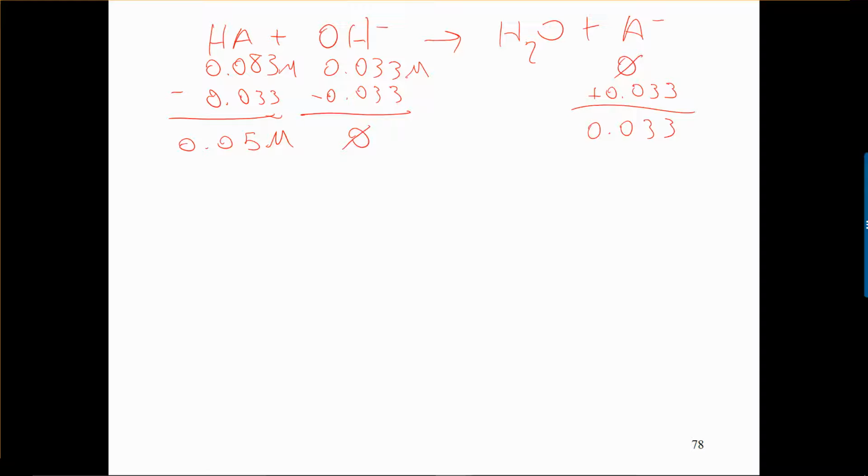With the titration, what I want you to realize is that at this point, to find the pH, I can simply use Henderson-Hasselbalch, base over acid.